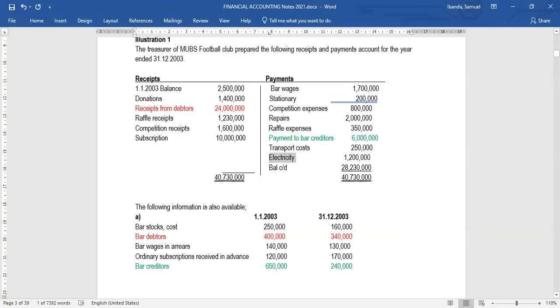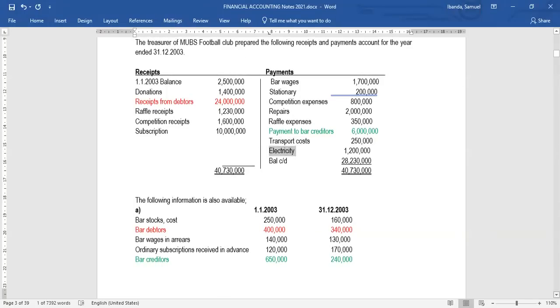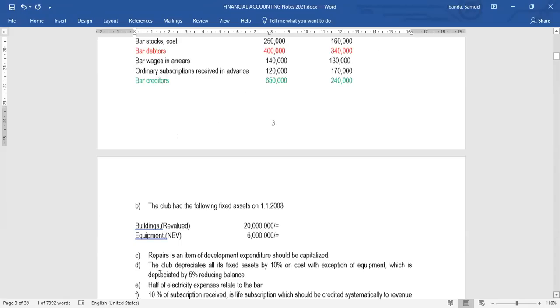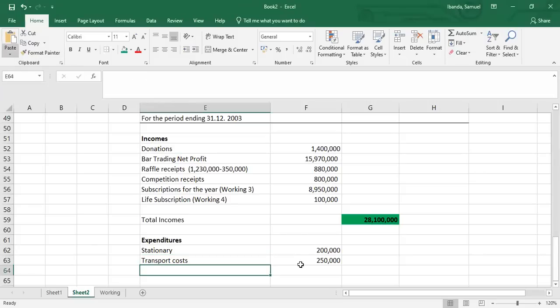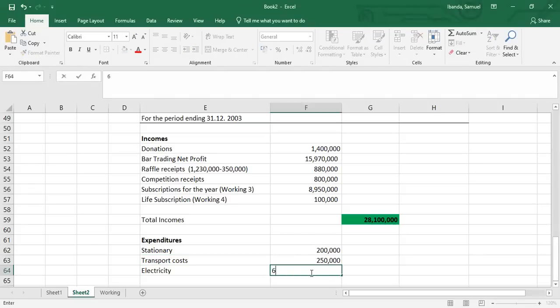Now, electricity had additional information, and one of the additional information we had was that half of the electricity, which is 50%, relates to the bar. So the 600,000 basically. So electricity here, this is 600,000.